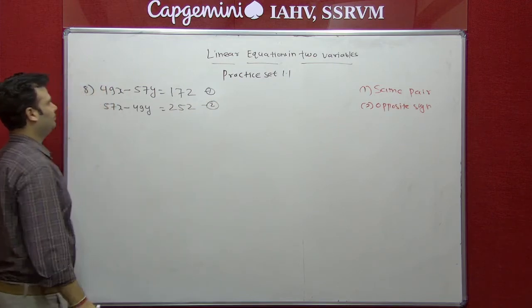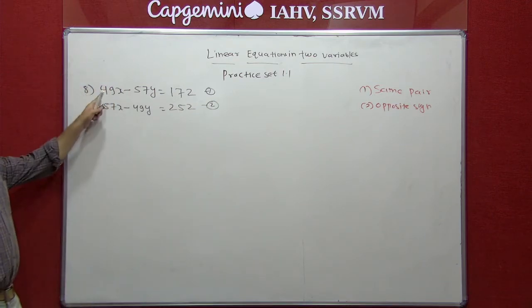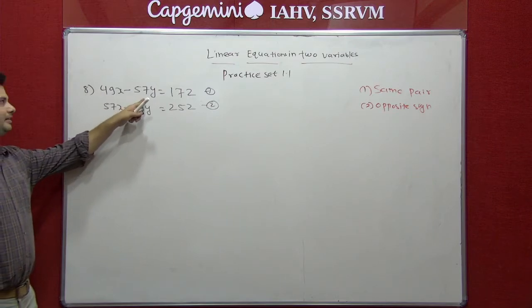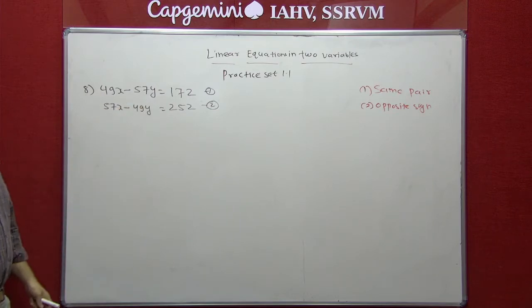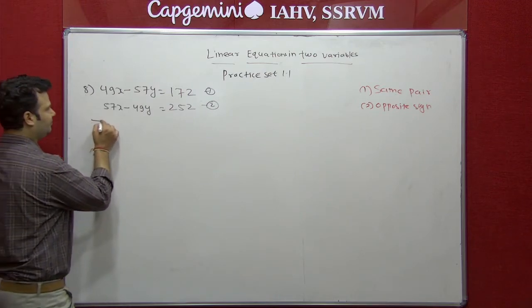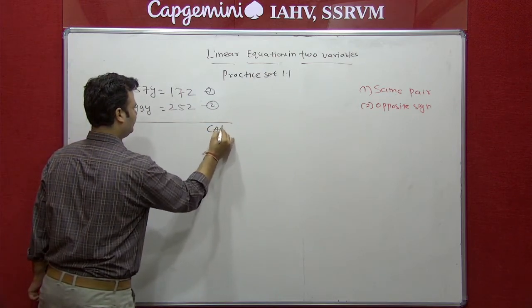Equation number 2. So again diagonal relation, 49x, 49y, 57y, 57x. So again the same thing, we have to add and we have to subtract. So we can add this one. So addition.